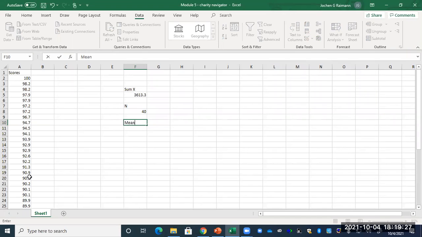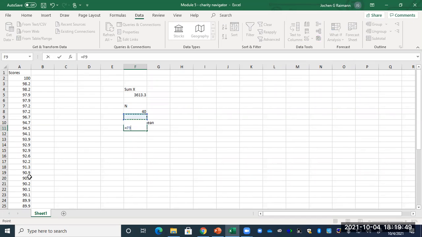If we want to calculate now the arithmetic mean, to be more precise, the arithmetic mean is in distinction of the geometric mean, which is unnecessary to discuss now. This is the arithmetic mean where you take the sum and you divide it through the sample size. Good.